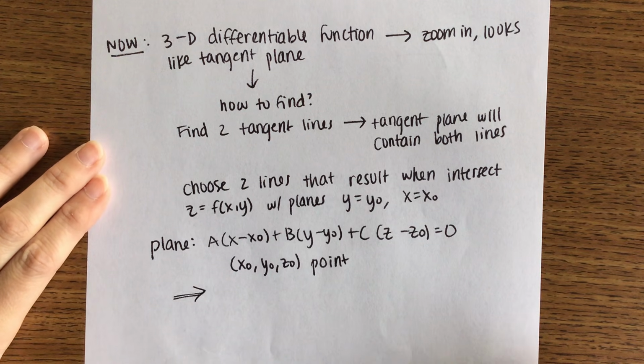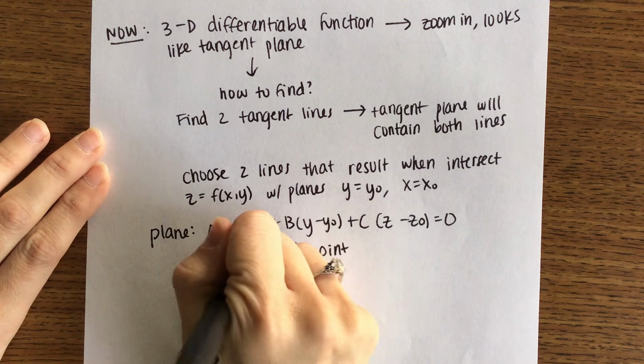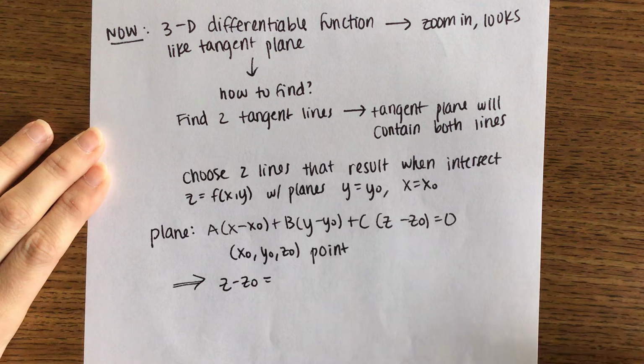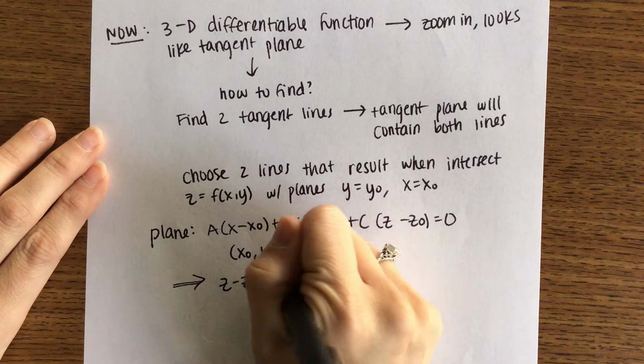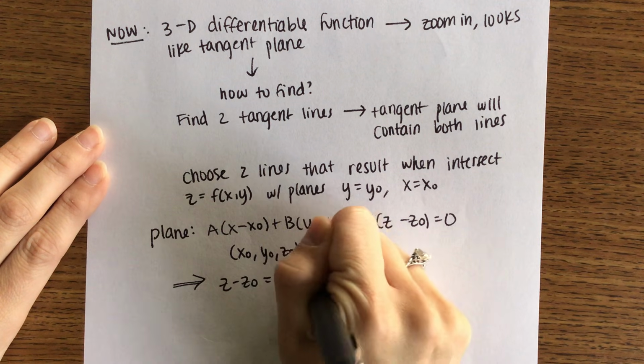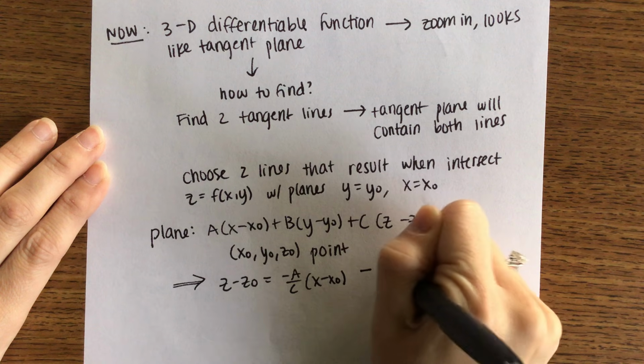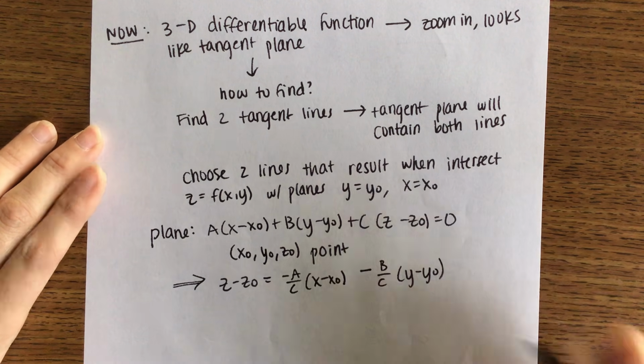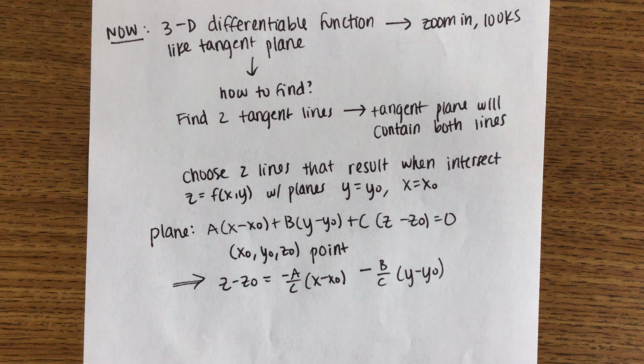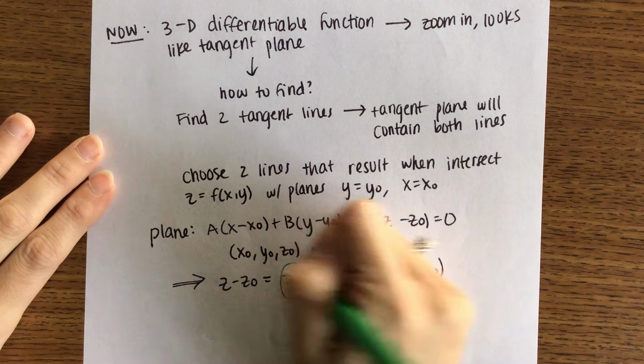We're going to rearrange this a little bit. I'm going to put z minus z naught on the left side. So I'm going to move everything over and divide by C. I get negative A over C times the quantity x minus x naught minus B over C times the quantity y minus y naught. A over C is some constant.